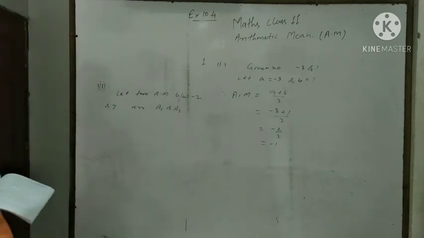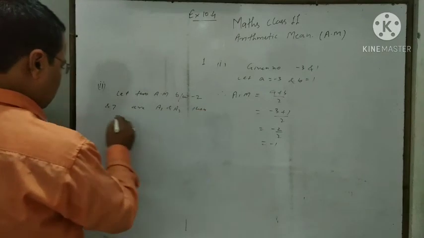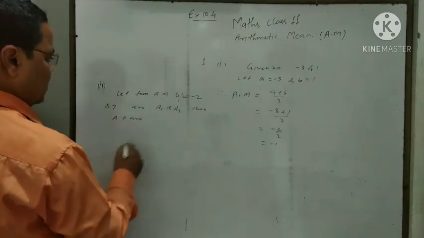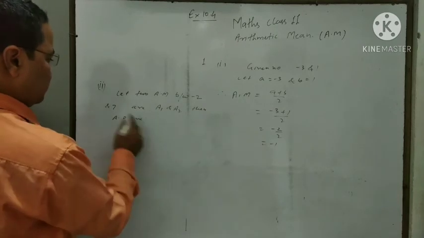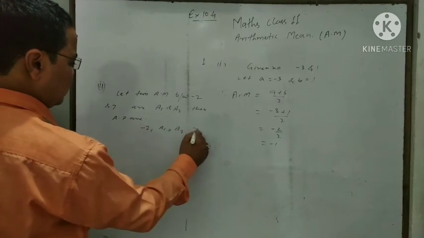Then the arithmetic progression is -2, A1, A2 and 7.